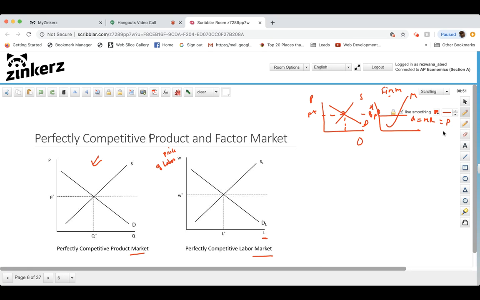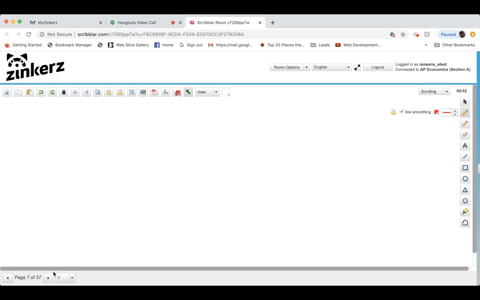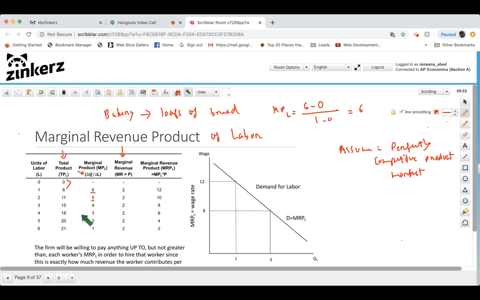Every time they sell one more, the additional revenue they bring in is always equal to that price. So this is why in that column the marginal revenue is equal to price, and it's a fixed number.